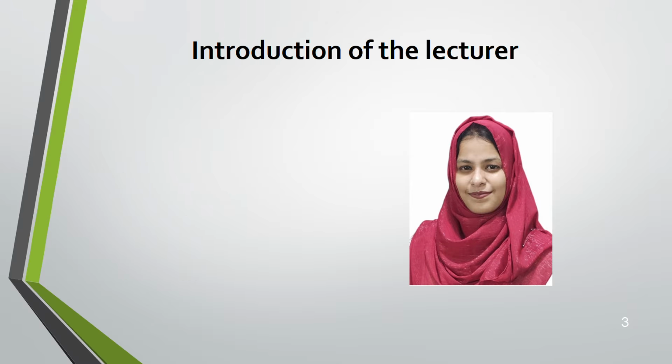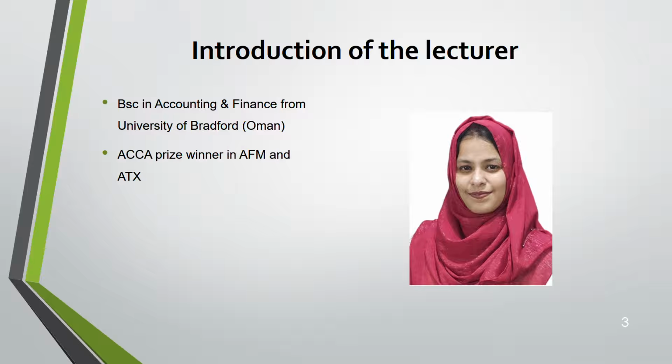Now, I have a BSc degree in accounting and finance from University of Bradford, which is in Oman, which is a 3 years course. Because of that, I got exemption. All my F level papers are exempted. I directly went to P level and gave my professional level papers, the 4 papers, which I passed, and then I became an ACCA prize winner for AFM and ATX, which are the 2 optional papers that I've chosen.